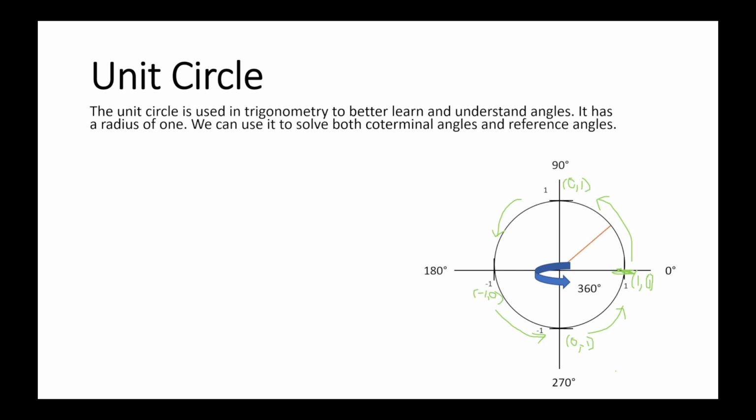Now, if I make a line going from the origin to any point on the circle, anywhere between 0 and 360, I end up with an angle. That angle will form from the place that I started up until where I stop at the line.